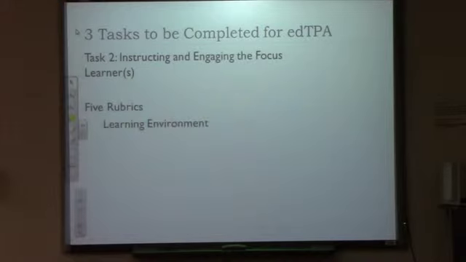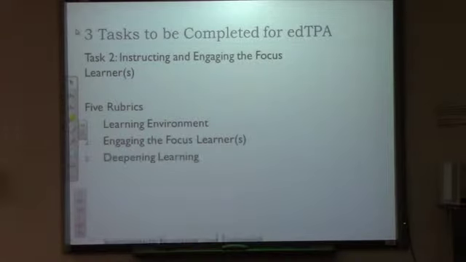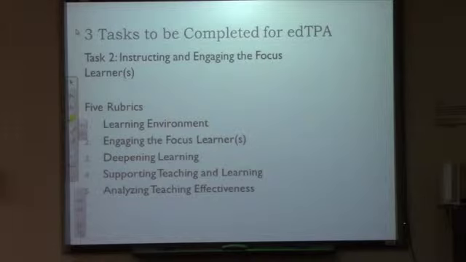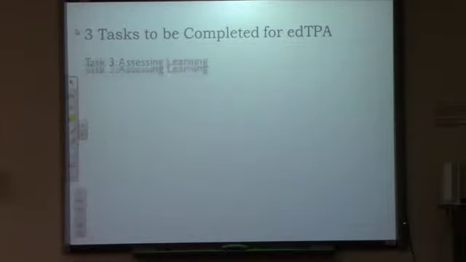The 5 rubrics for task 2 consist of the learning environment, engaging focused learners, deepening learning, supporting teaching and learning, analyzing teaching effectiveness. And finally, we have task 3, which is assessing learning.